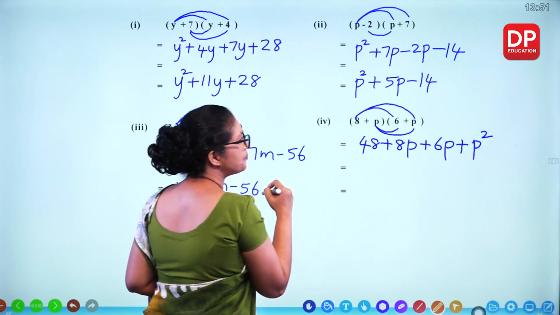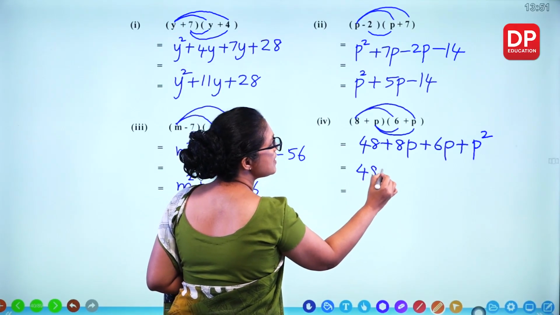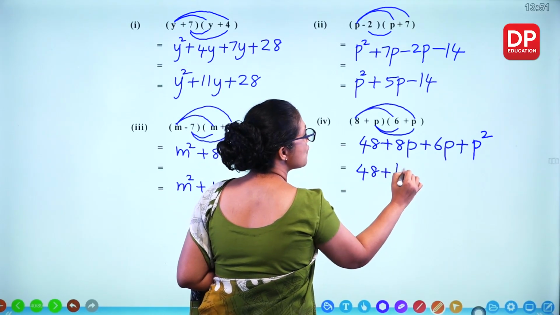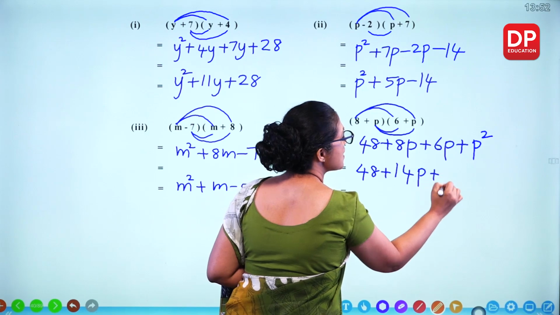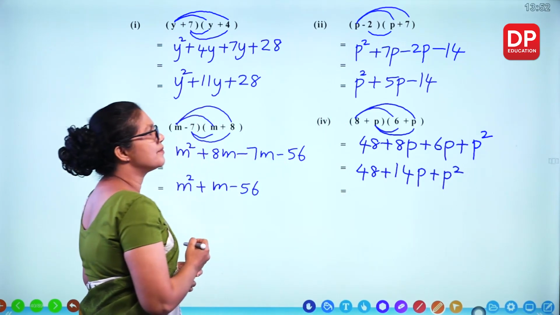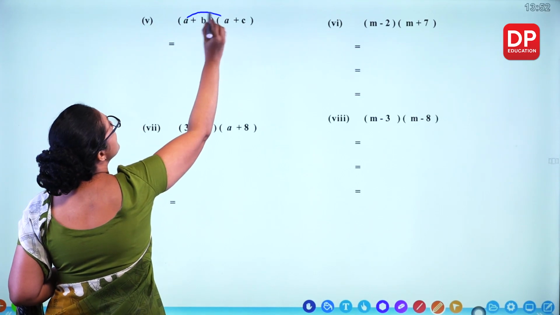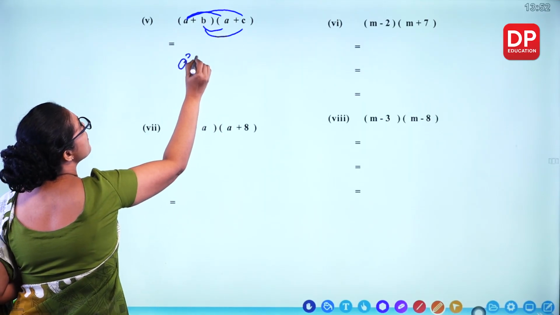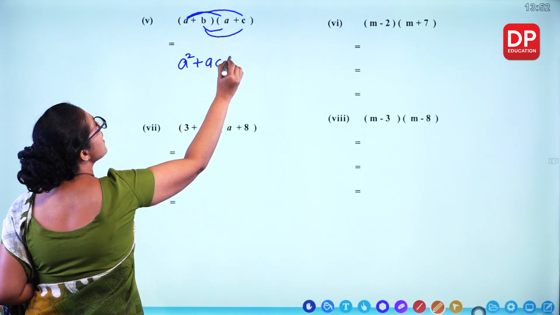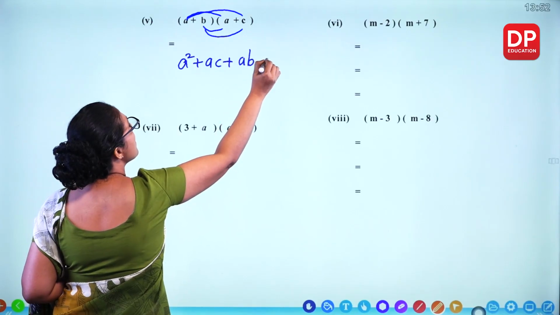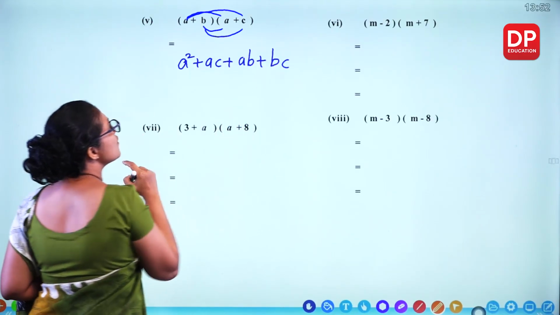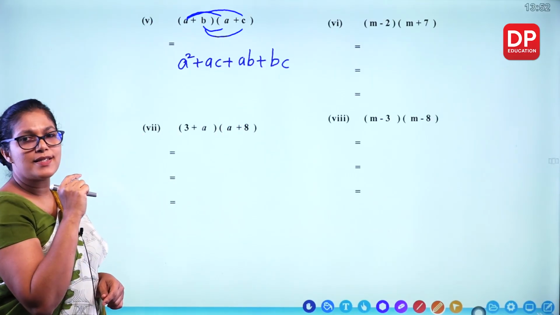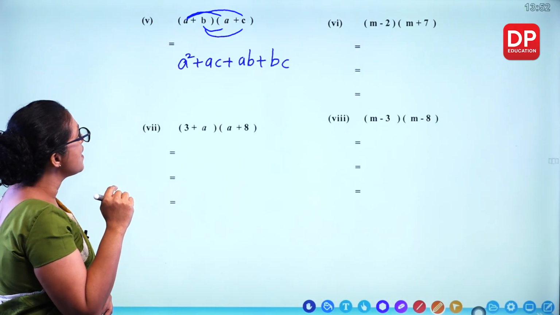That's this one. 48 plus 8 plus 6, 14p plus p squared. Rainbow method, a squared plus ac plus ab plus bc. Can you simplify this one? You can't simplify. No like terms are there.